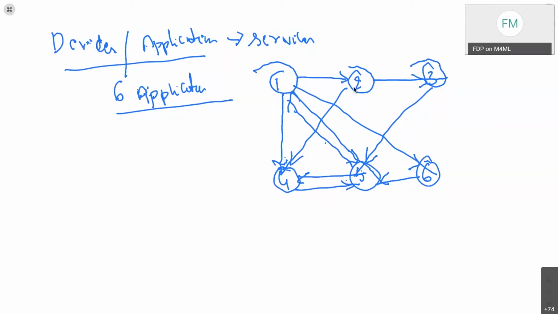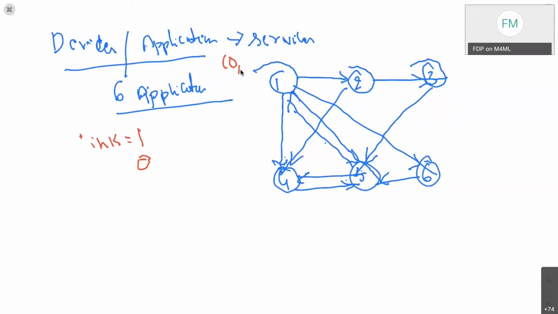Similarly, 2 has a link with 4, then 3. 3 has a link with 5, 4 has a link with 5, 5 has a link with 4 and 1, and 6 has a link with 5. Now we represent this as links, and we give the weightage 1 if there is a link, otherwise 0. So this can be represented something like this.